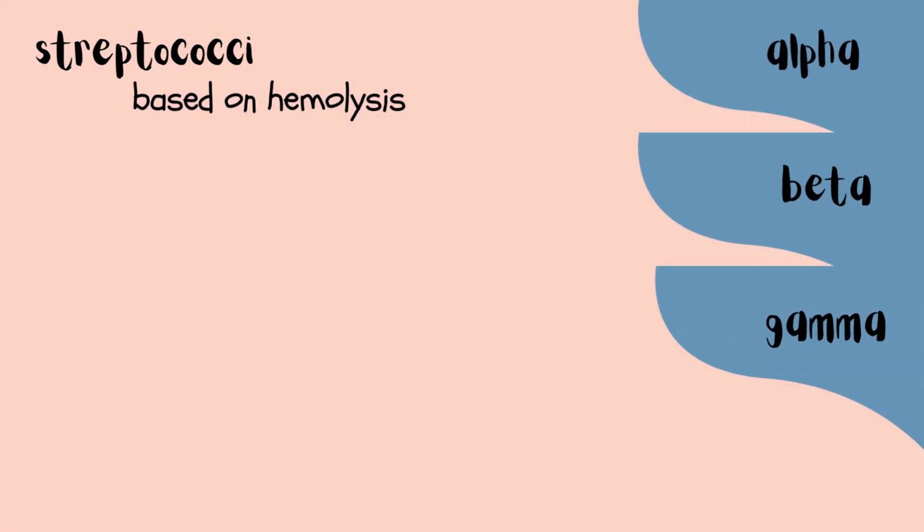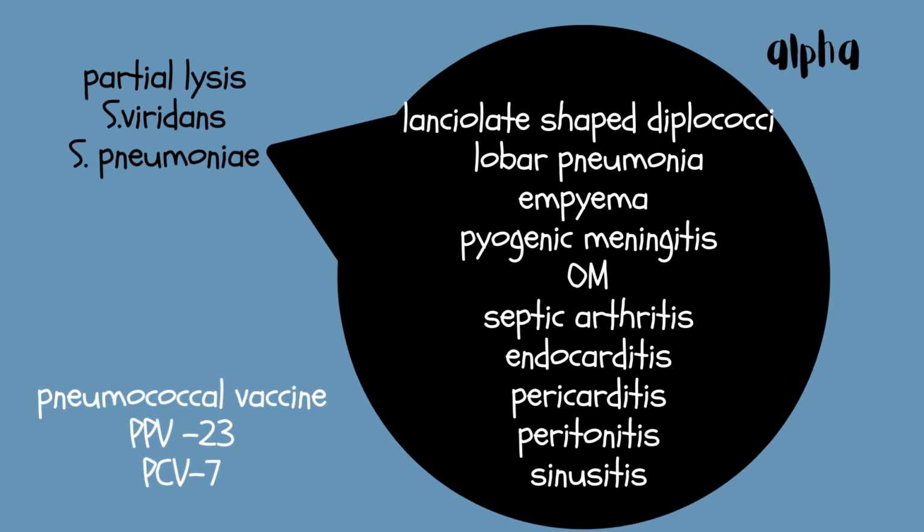Coming to Streptococci, they are divided into different subclasses based on the pattern of hemolysis on blood agar, as alpha hemolytic, beta hemolytic and gamma hemolytic Streptococci. Alpha hemolytic Streptococci means there is partial lysis on the blood agar, and they are mainly Streptococcus viridans and Streptococcus pneumoniae.